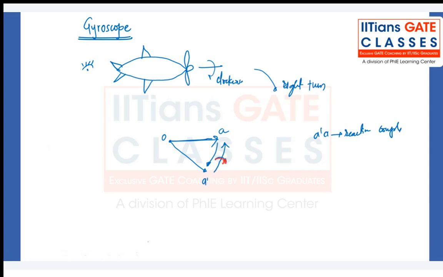So this is the gyroscopic effect. If you look at it like this, it will tend to rise the tail and lower the stern.